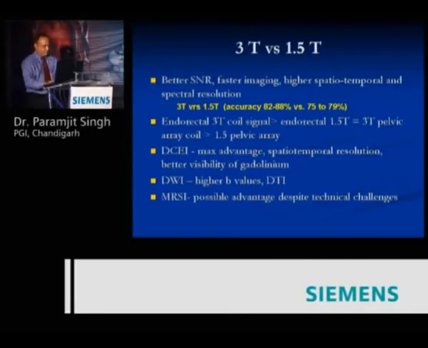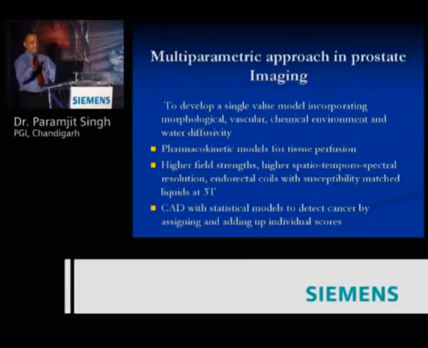Then we have lastly a multiparametric approach in prostate imaging, which should be the way we image the prostate, and we should develop pharmacokinetic models for tissue perfusion, and we should be having a kind of movement towards a higher field strength, which can improve these physiological studies and metabolic studies.